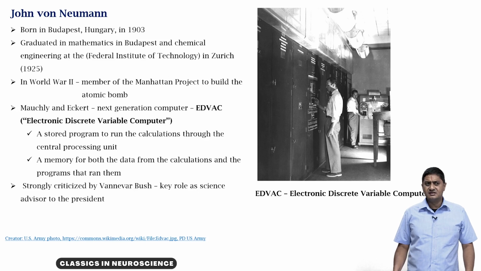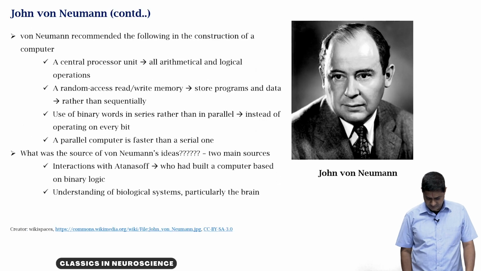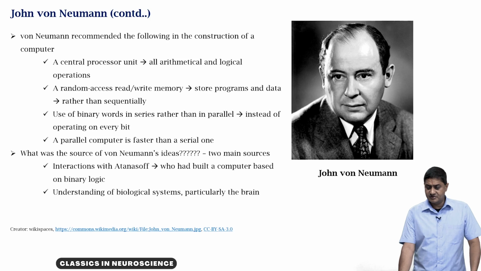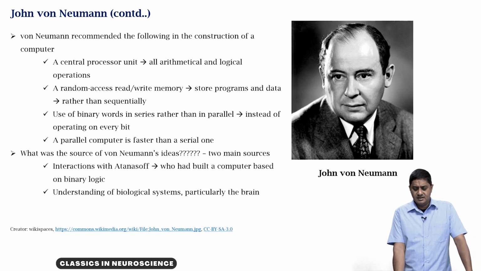But still, the fame and the big name of von Neumann held its ground, and von Neumann could proceed with the building of this EDVAC. This is the EDVAC computer. The picture of von Neumann is shown here.